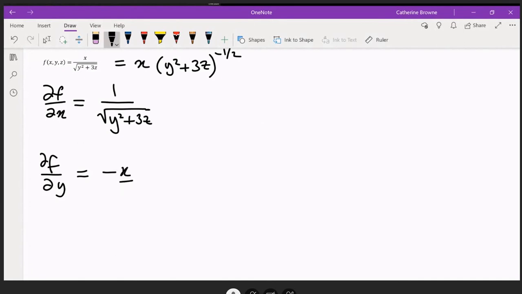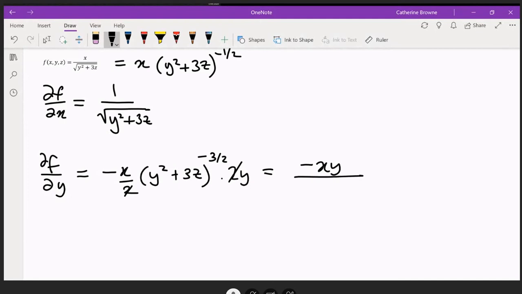The x is just a constant, so it's minus x on 2 times y squared plus 3z to the power of minus half minus 1, so minus 3 on 2. And we multiply that by, so it's the chain rule, we're differentiating now within what's in the brackets with respect to y, so we just get 2y. So the 2's cancel out, and we just get minus xy on y squared plus 3z to the 3 on 2.